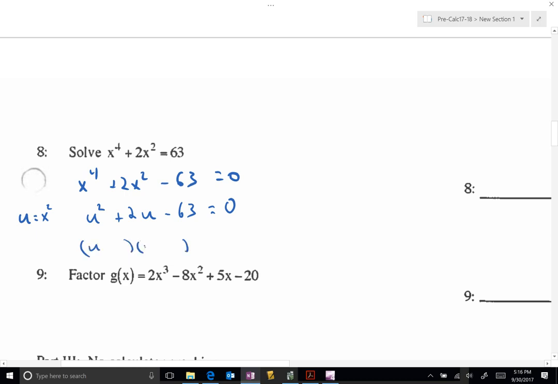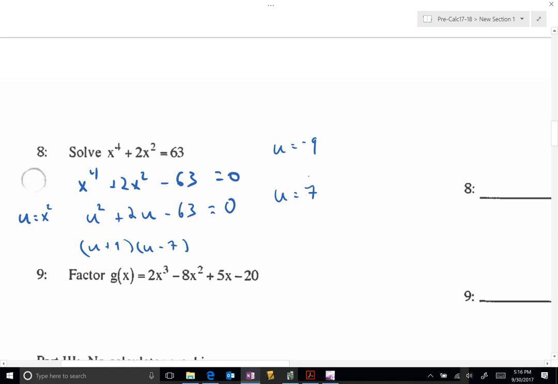Here's u, and that's going to break into u plus 9, u minus 7, which gives us solutions of u equal to negative 9 and u equal to positive 7.